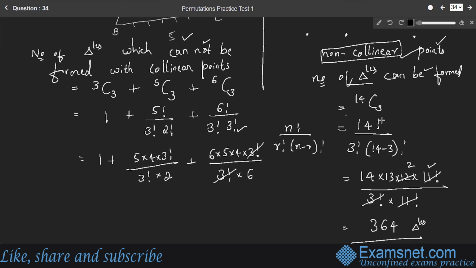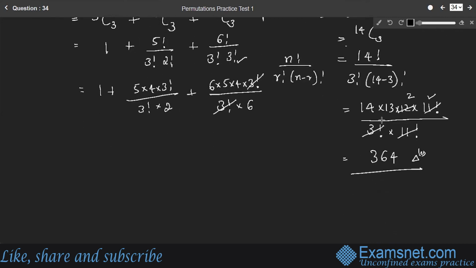So we can cancel 3 factorial from numerator and denominator, and here also we'll cancel 3 factorial. And we have 1 plus 5 into 2, 10. And we can cancel 6 and 6 here. So 5 into 4, 20. Therefore, 31 triangles cannot be formed.